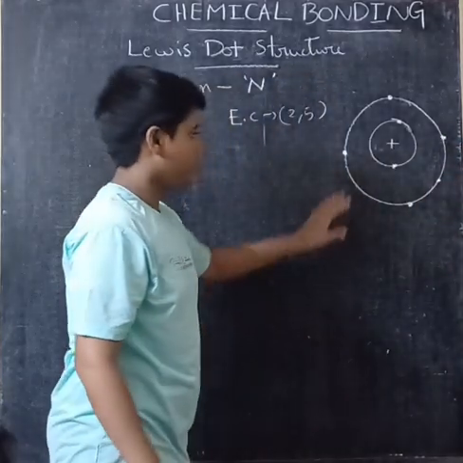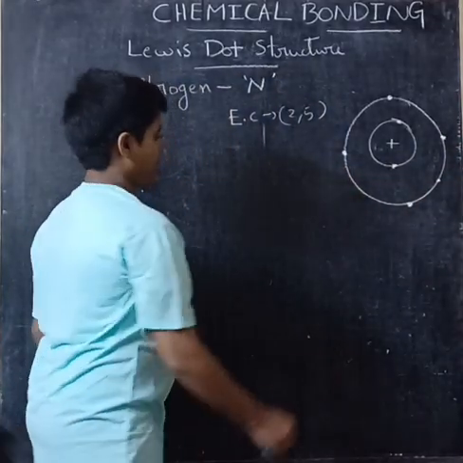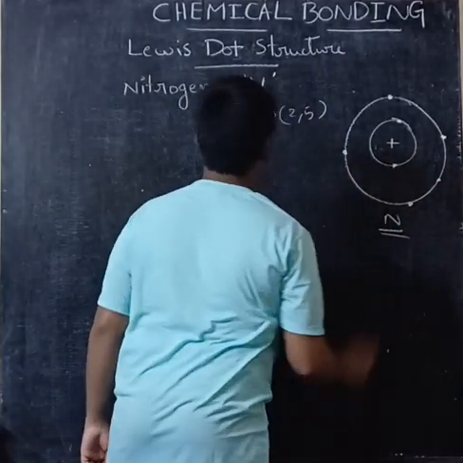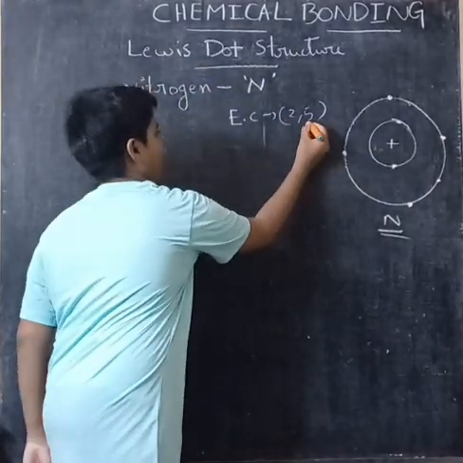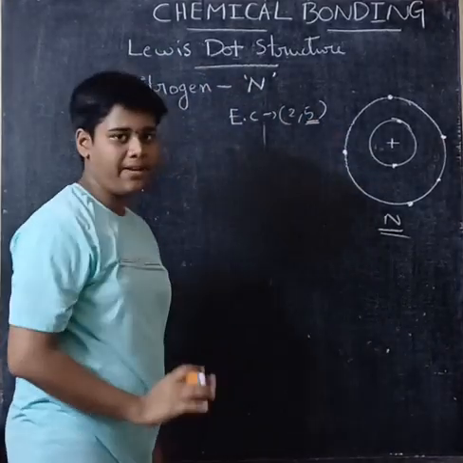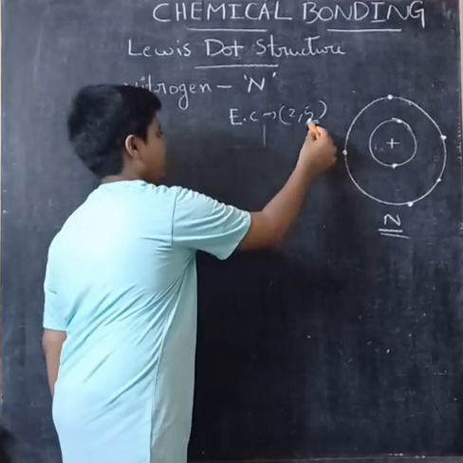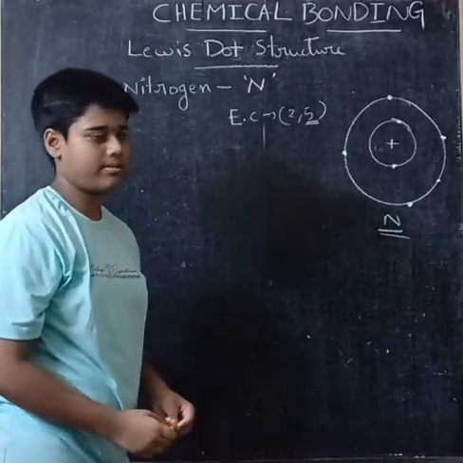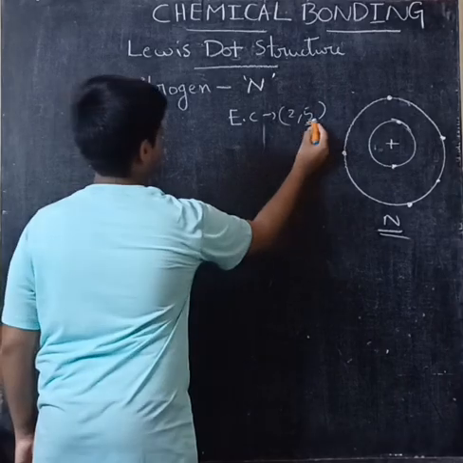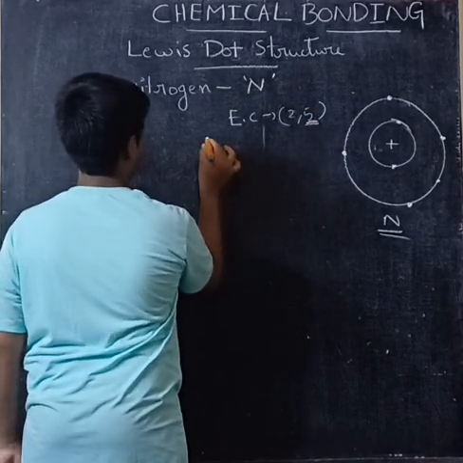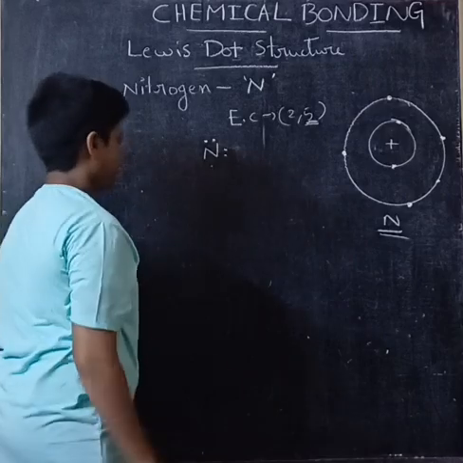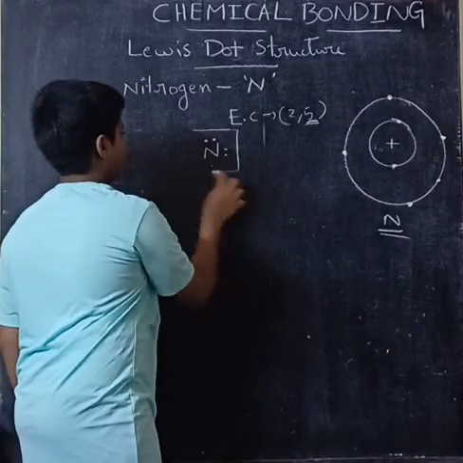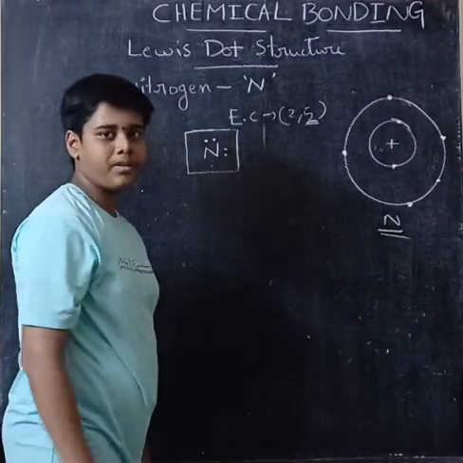So like this, the nitrogen atom is drawn. And Lewis dot structure means the outermost shell has 5 electrons, and these 5 electrons are known as valence electrons, and these valence electrons are represented like this: N, with 2 dots, 2 dots, and a dot. This is the Lewis dot structure.